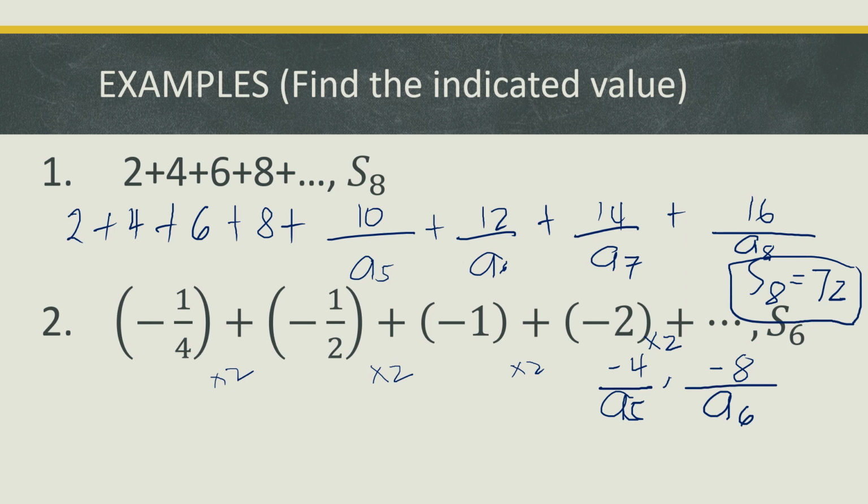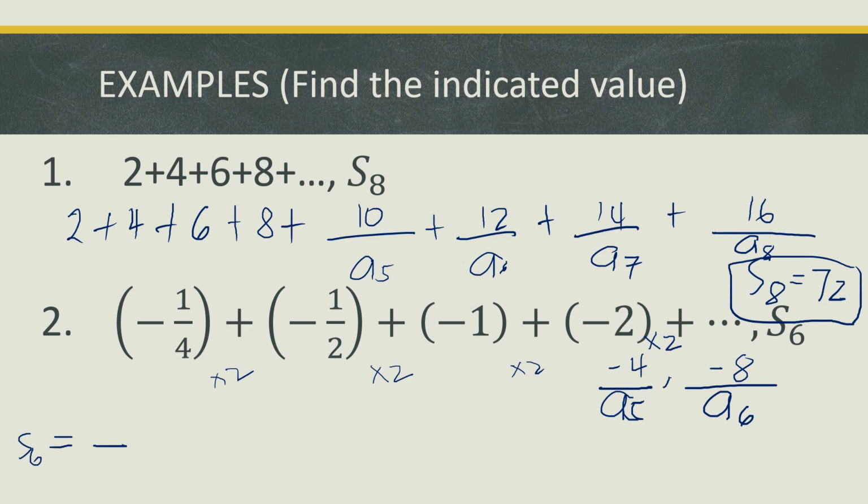We all know that they are all negative numbers. If we add negative numbers, that will give us also a negative. So let us just add 1/4 plus 1/2 plus 1 plus 2 plus 4 plus 8. Let's start with the whole numbers. 8 plus 4 is 12.